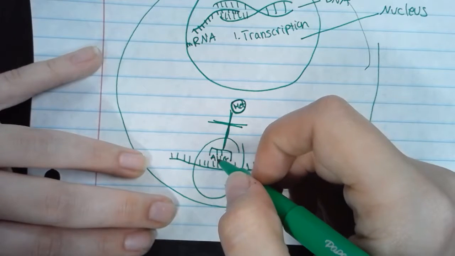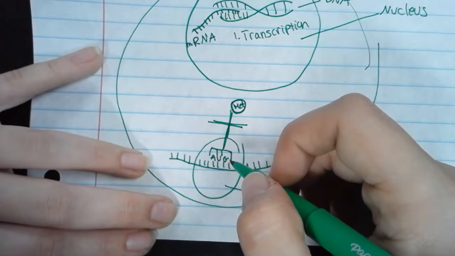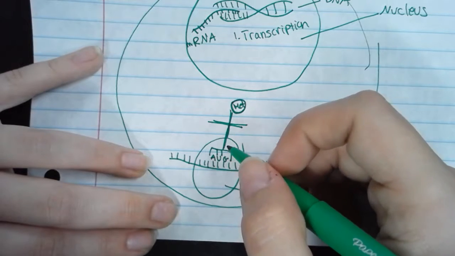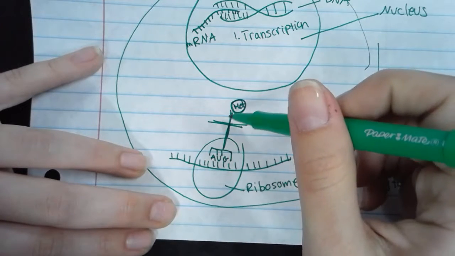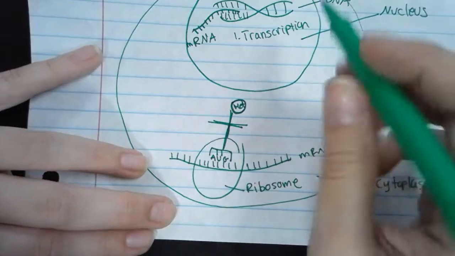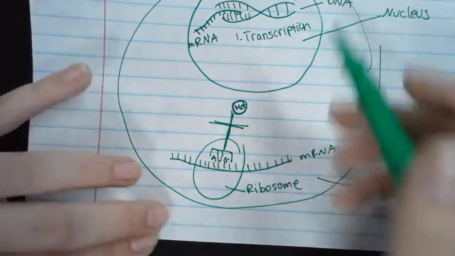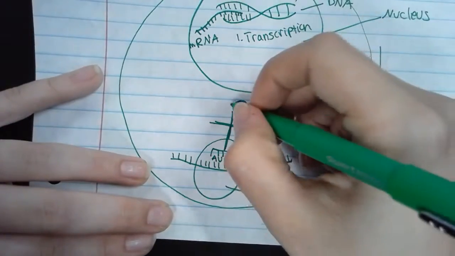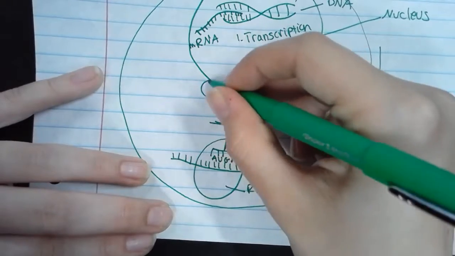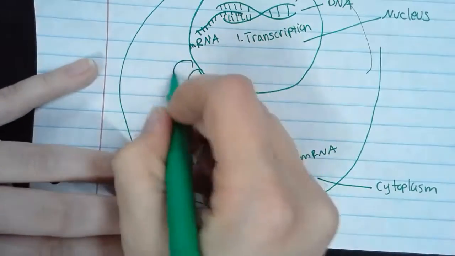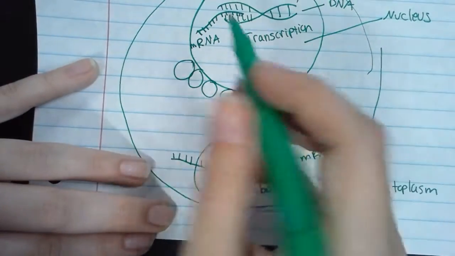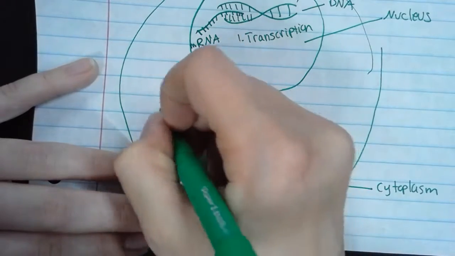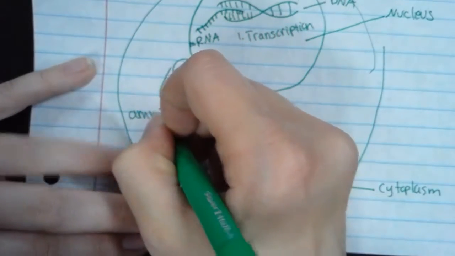So my codon here was AUG. And then it's going to go and find this little amino acid here, and then basically just add it to the growing chain of amino acids. They just keep dropping things off. This is my amino acid sequence or my protein.